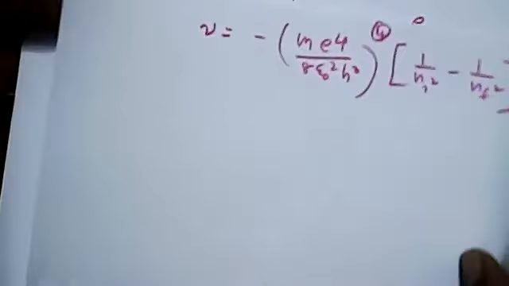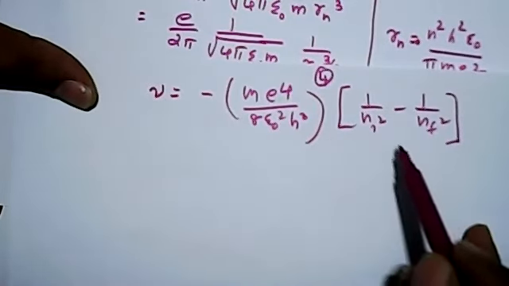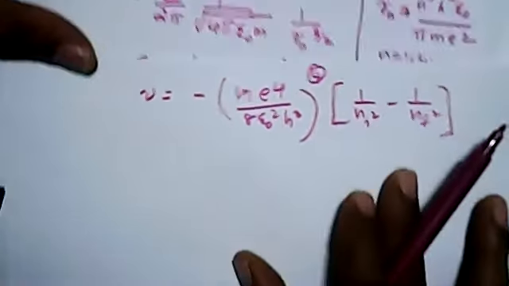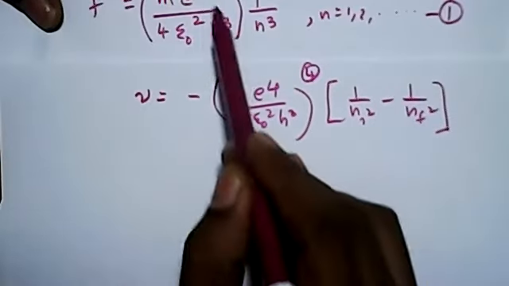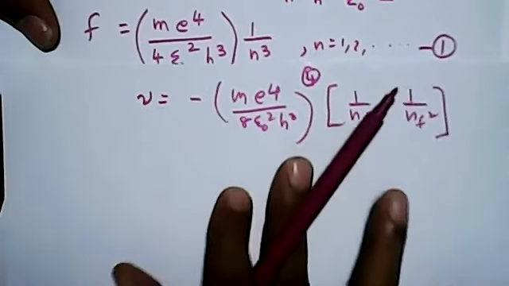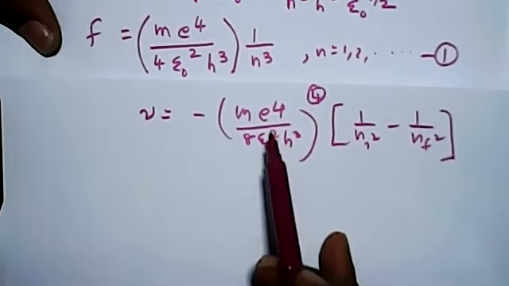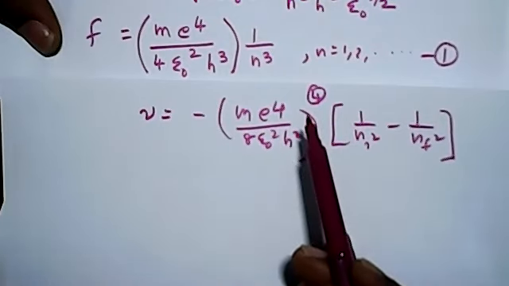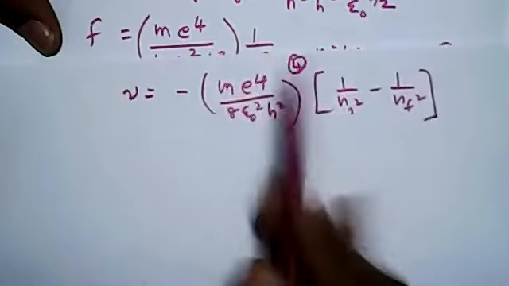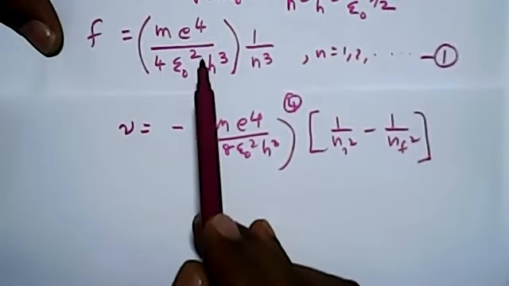The idea is that you simplify this expression at a very large quantum number. You can see that you will get this same expression as this one. That is the idea we are going to work out. You simplify this expression at a very large quantum number, then you will end up with this result itself.